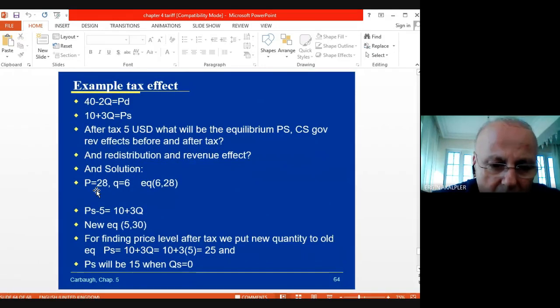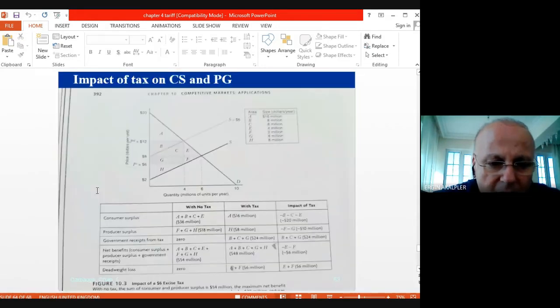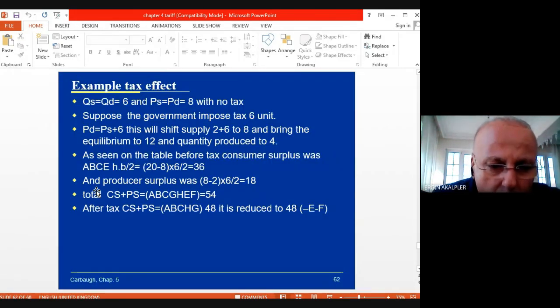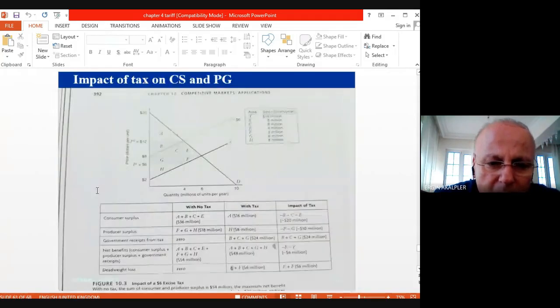And then when you get this after tax, consumer surplus plus producer surplus, A, B, C, H, G, now you are going to reduce this E, and you see here, E and F are going to be excluded from the system, because these are the deadweight effects in this example, because after the tax is applied, this is changing the market structure, as you are observing.